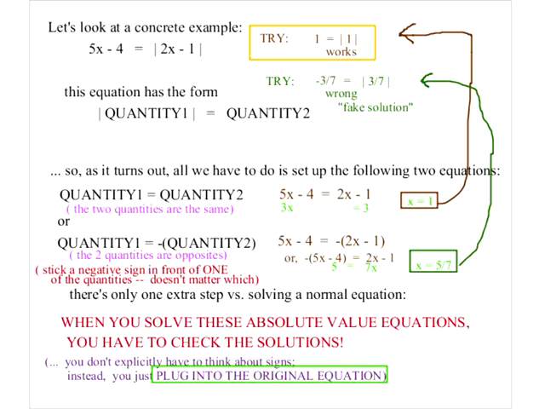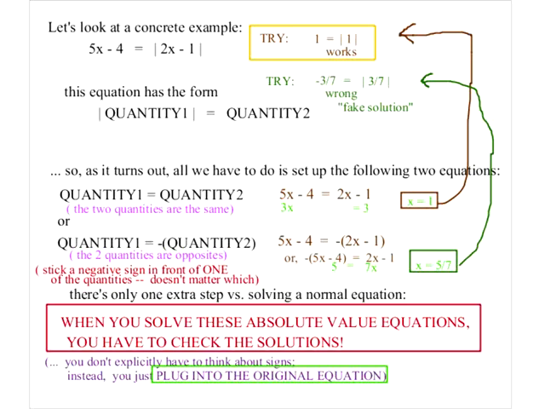The question in the text box is, should we need to check all the time? This is written down here in big red capital letters for a reason. When you solve them, a lot of the time you will get fake solutions. In fact, most of the time you will. It actually takes a pretty concerted effort to design a problem like this that doesn't have fake solutions. It can be done, but it's hard.